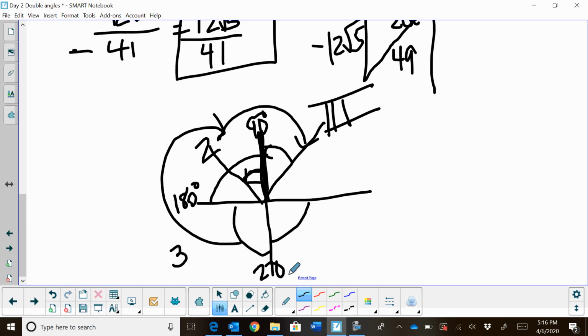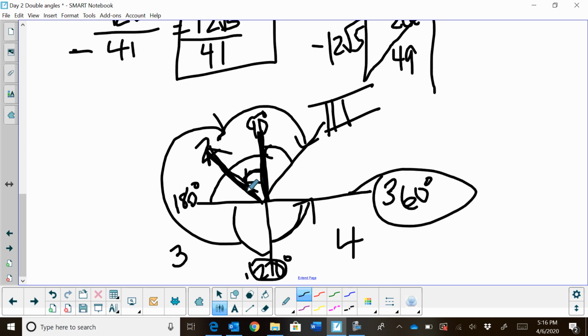Then all the angles from 270 to 360, which occur in quadrant 4, half of 270 is 135, so all the half angles from quadrant 4 start in quadrant 2 halfway, and half of 360 is 180, so they're going to be in the second half of quadrant 2. So you can use that to help guide you through signs to make sure they're correct.